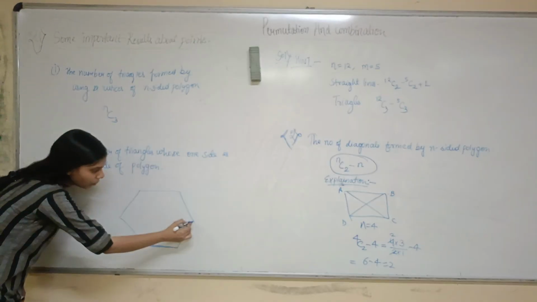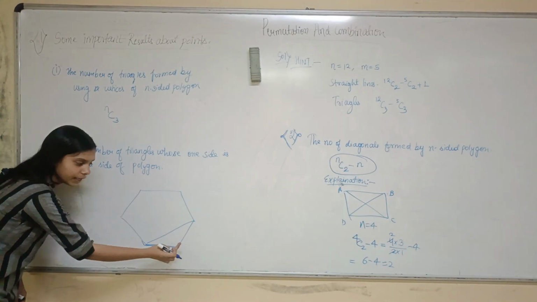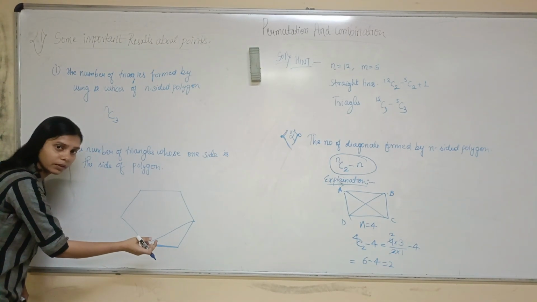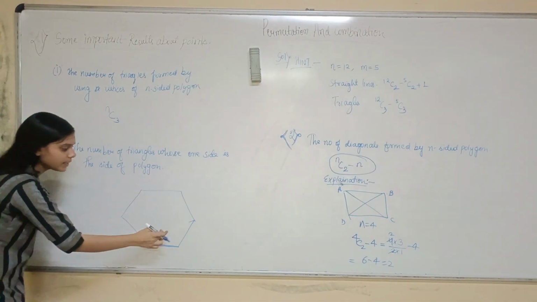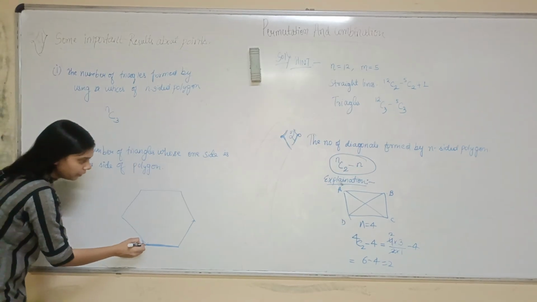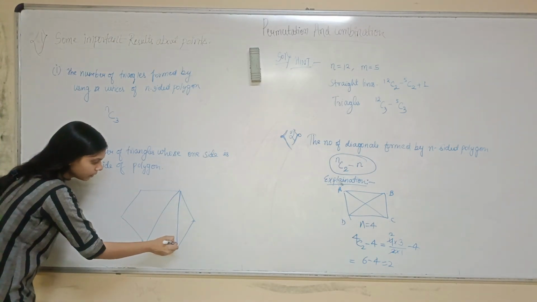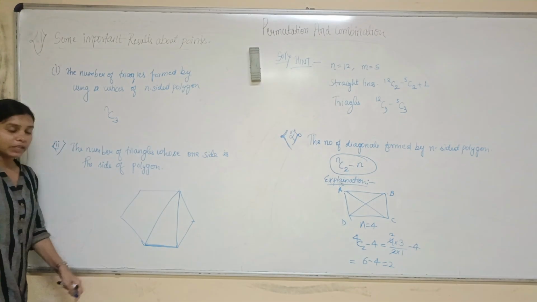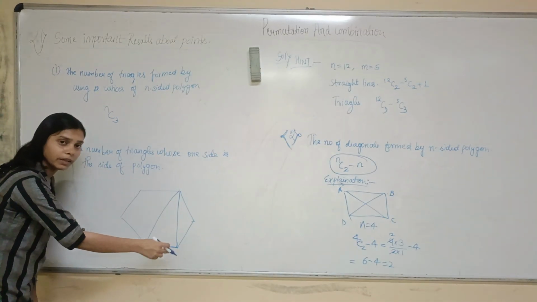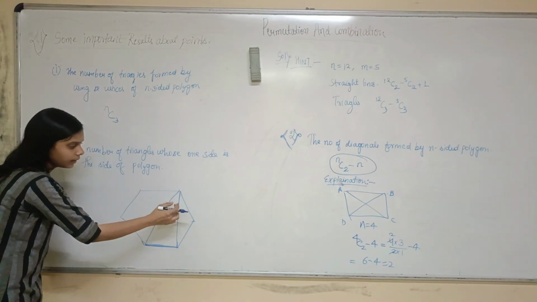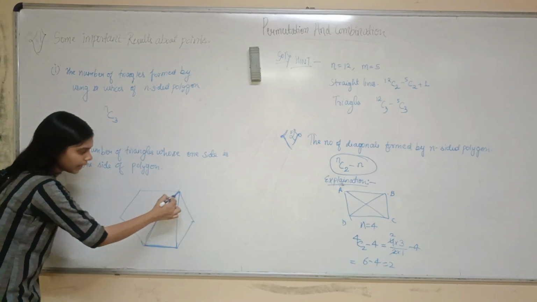We cannot form this triangle because it contains two sides of the given polygon. So this is the wrong way of drawing the triangle. We can form this one. This triangle is correct. Why? Because it contains only one side of the given polygon, and the other sides will not be sides of the polygon.